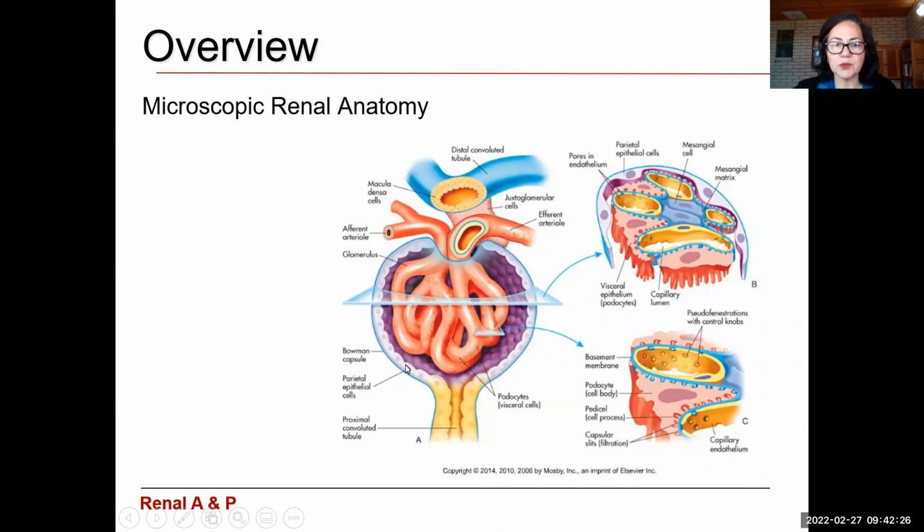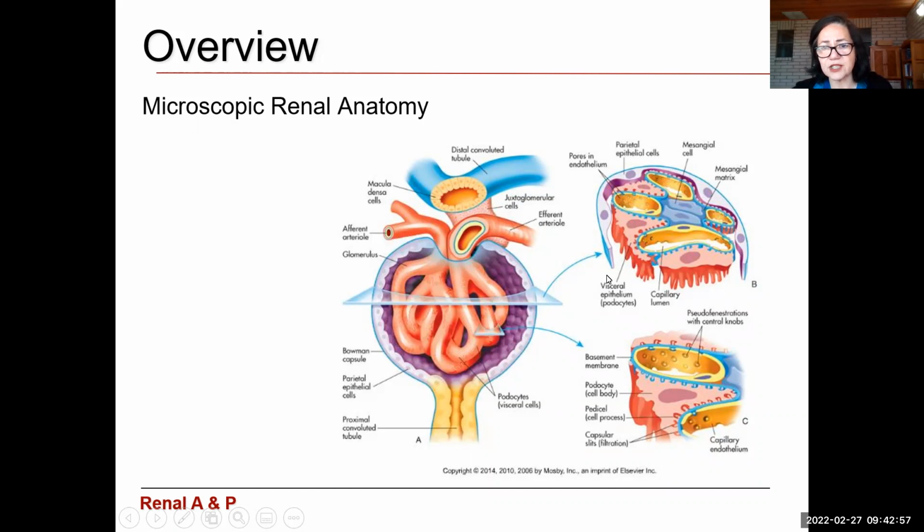This capsule is what's going to capture the fluid that's going to leave the capillaries, the glomerular capillaries. Sometimes you'll hear it called the glomerular capsule, or by the name of the person who first described it, Bowman's capsule. It means exactly the same thing. It's a kidney structure, or urinary structure. It captures the fluid and then drains that fluid down into the renal tubule.